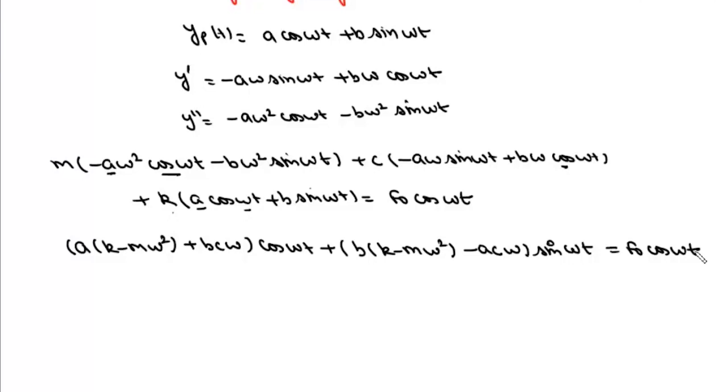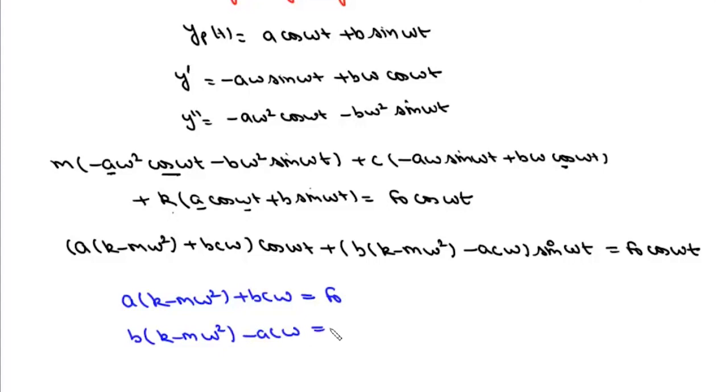Now if we compare cos and sin, then we get two equations, which are a into k minus m omega square plus bc omega equals F naught, and b into k minus m omega square minus ac omega equals 0.